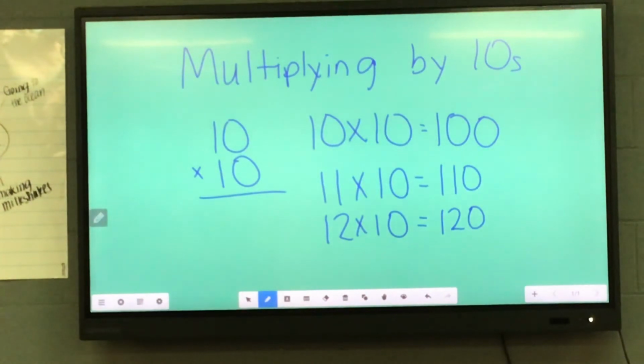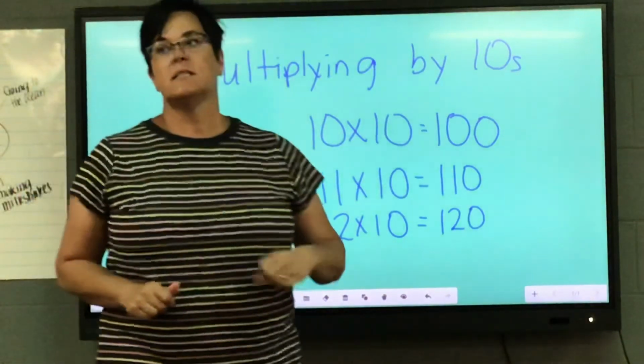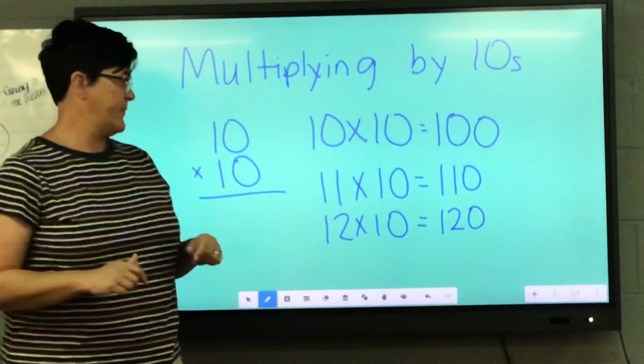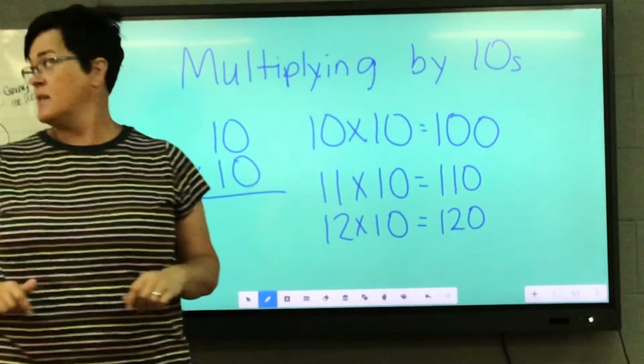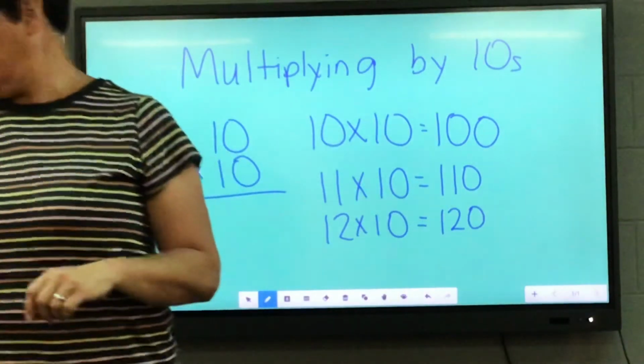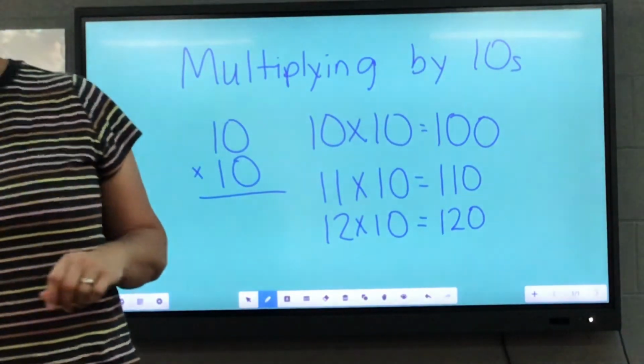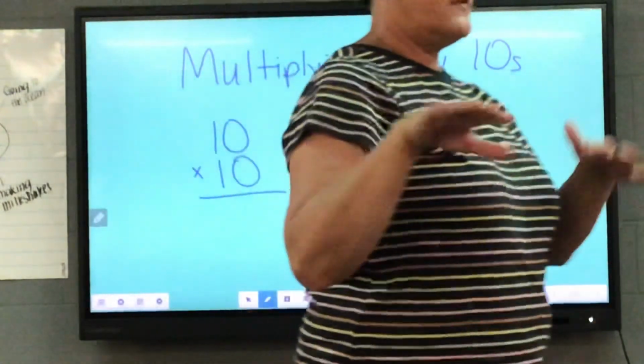What if they're multiplying 10 times 0? What does it always equal when we multiply a number by 0? 0. Okay, so double check those.